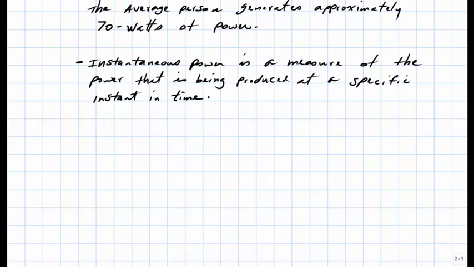The symbol for instantaneous power is just P without a bar on top of it. And the equation for it is force times velocity. And this means final velocity as opposed to average velocity. And of course, it has the same units as average power.